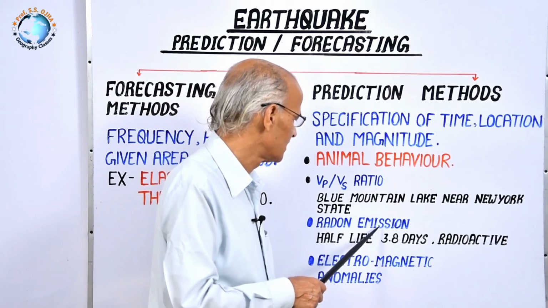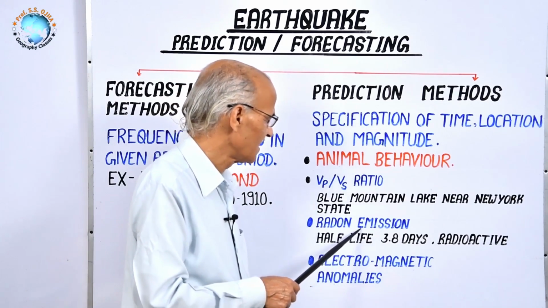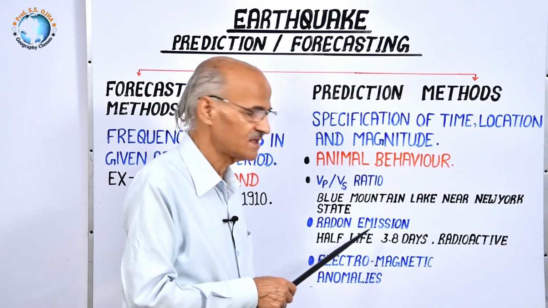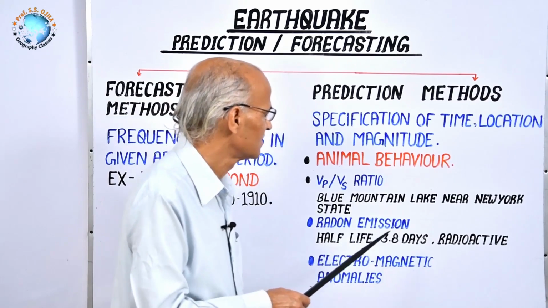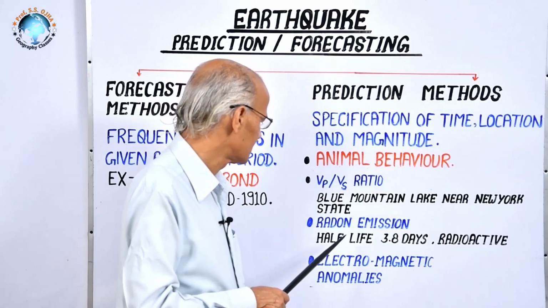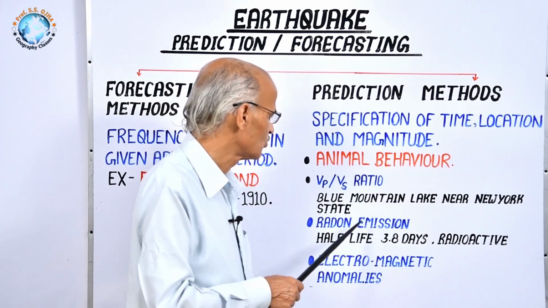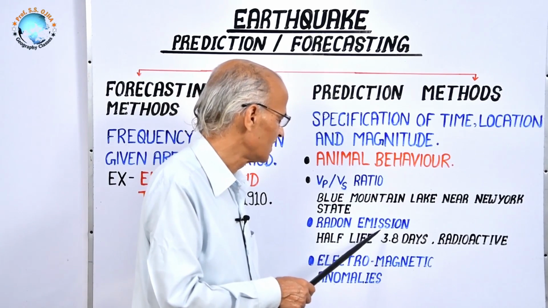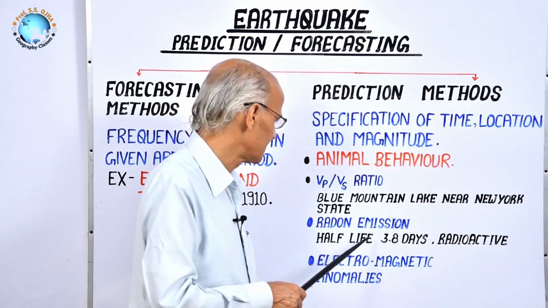As we know, before an earthquake, some radon gas is emitted and goes into the sky. Radon is a radioactive gas and its half-life is 3.8 days. So on the basis of its radioactive nature, earthquake is predicted.